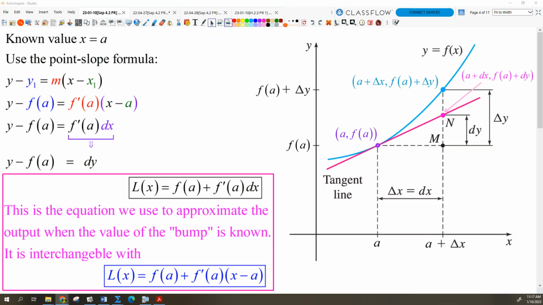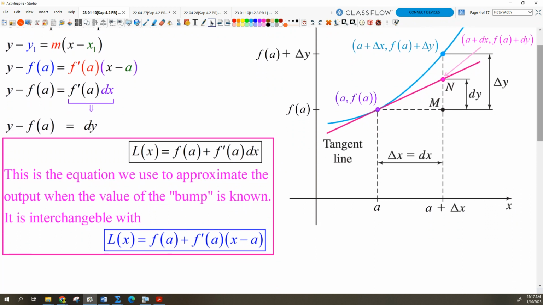And then this is the third equation, and that's it. This is just a restatement of the first one, right? If we're thinking about this in terms of a bump instead of inputting values of x, then instead of writing x minus a, we'll just change that to dx.